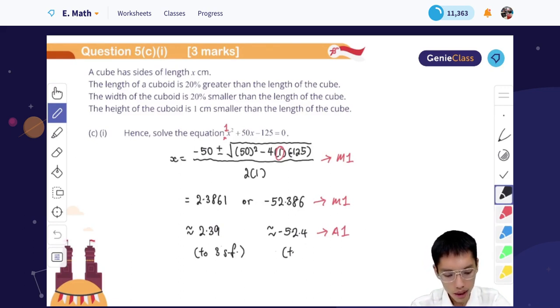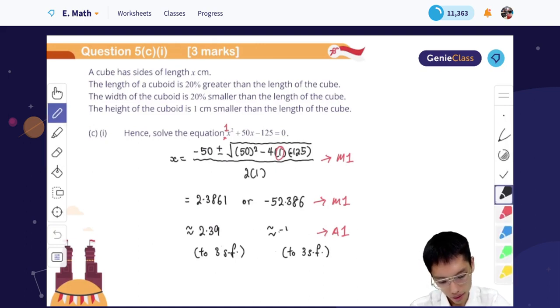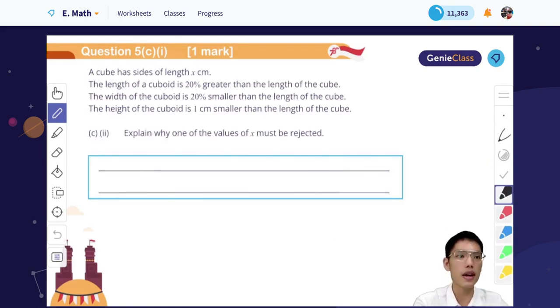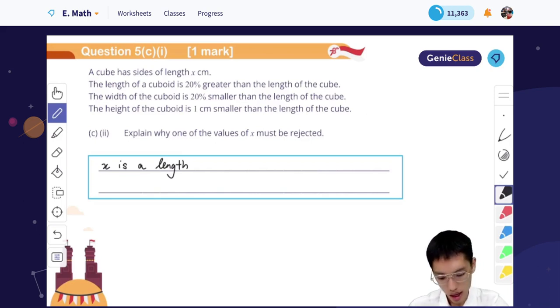And lastly, with regards to length, there's a very interesting question that comes about. Why must one of the x values be rejected? We realize one is positive, one is negative. So what we can describe is that x is a length, and therefore x cannot have a negative value.